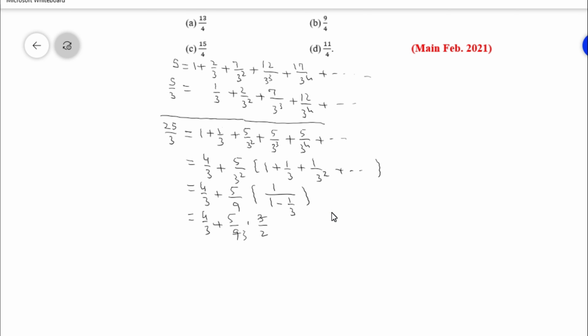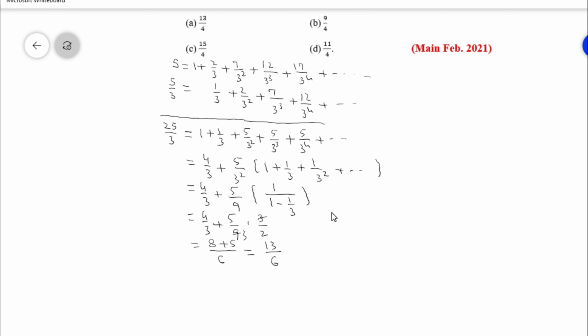So this will be equal to 2 into 4, 8, plus 5 upon 6, and this will be equal to 13 upon 6.